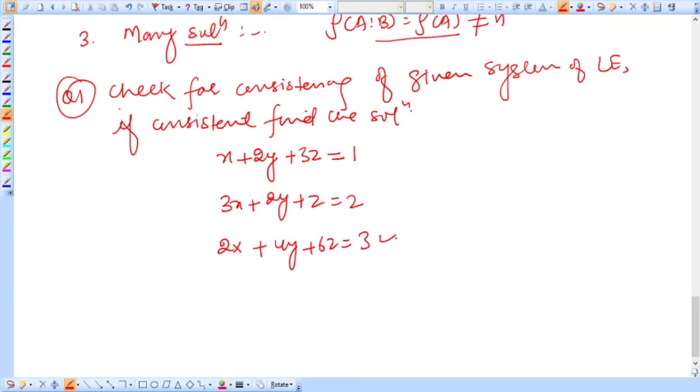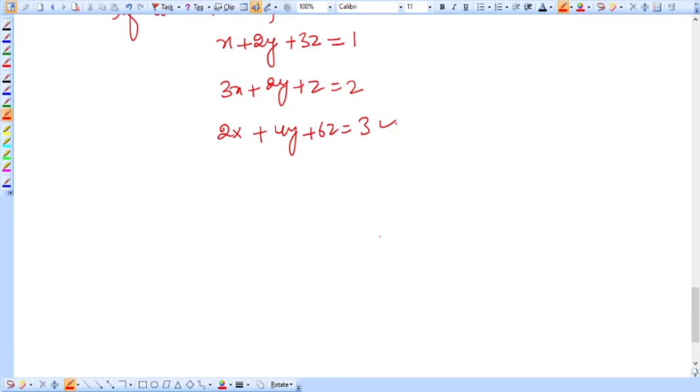So now let us change the form of the system into the matrix form.